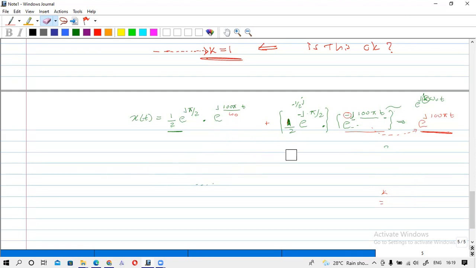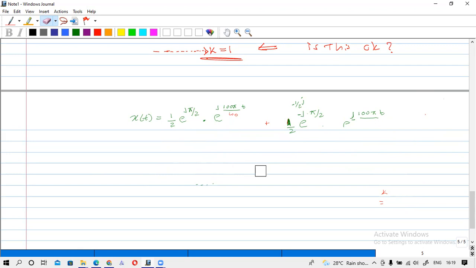So here we have two terms. Now our aim is to find which harmonic, the number of harmonics. The number of harmonics is two, no? So we have two harmonics.